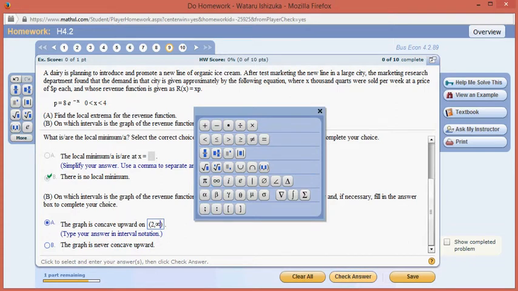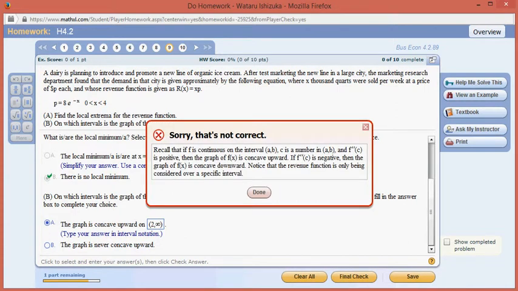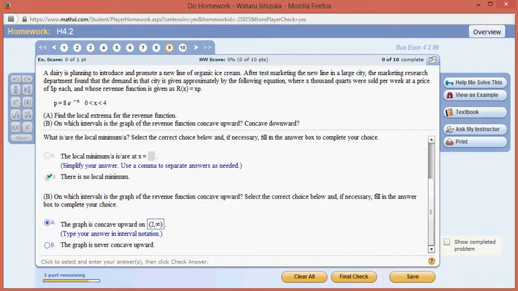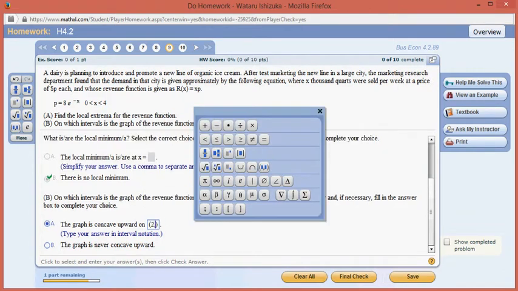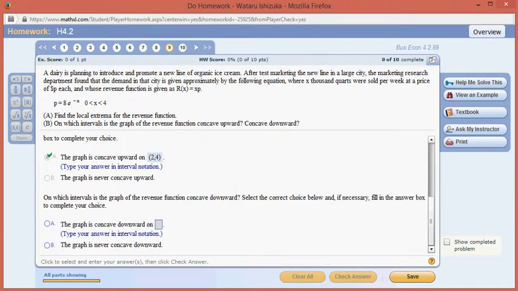Let's check. Oh, okay, there's a restriction on the x. I didn't see that: between 0 and 4. Which means that it only goes to 4. So we have that. Got that. Sorry about that.